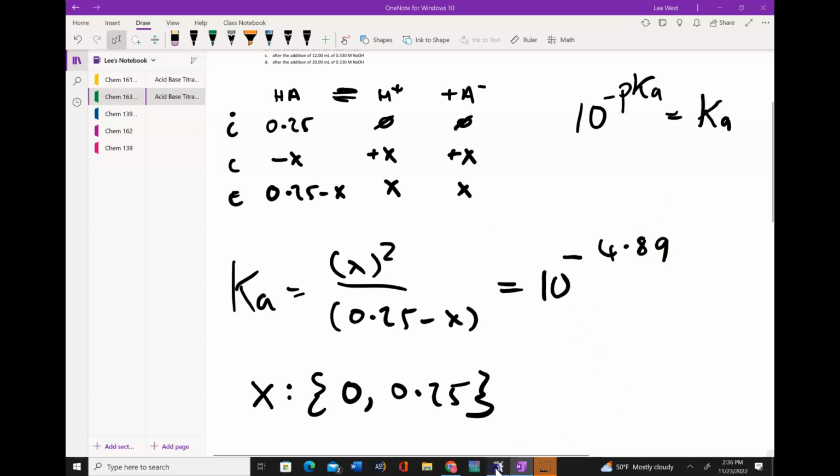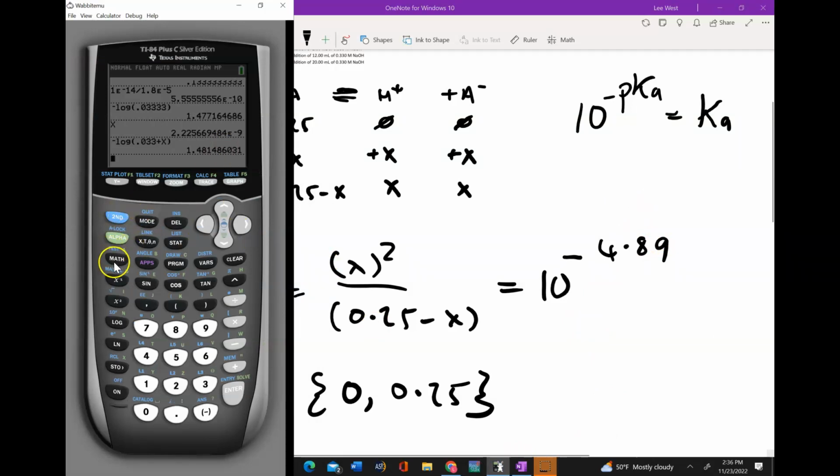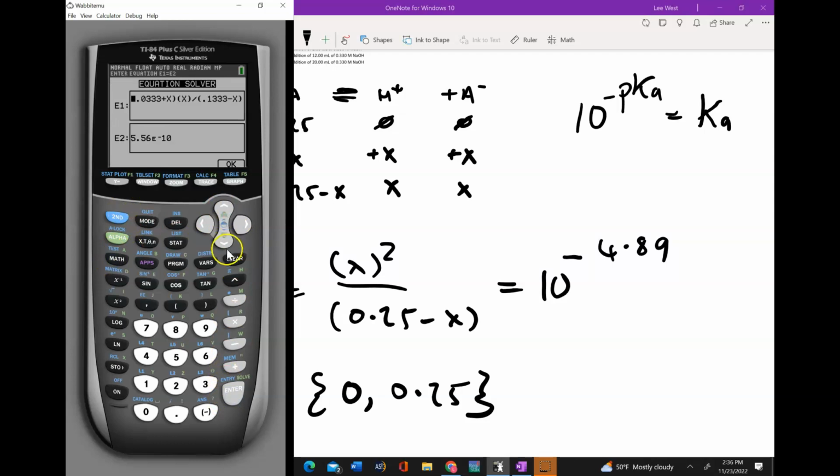Okay, so let's put all of that in. Math, up one, solver, clear it off. x squared divided by 0.25 minus x, close, is equal to 10 to the power of negative 4.89. Better delete all that other stuff.